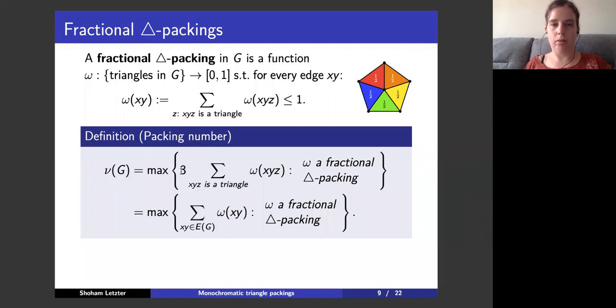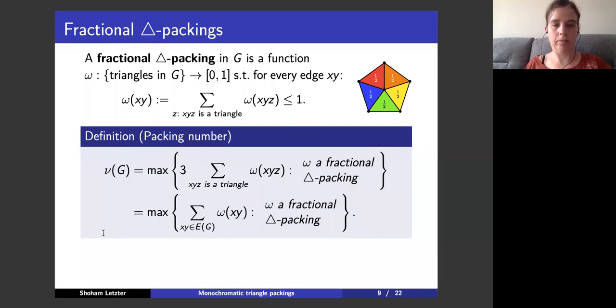And also normally we don't have this extra 3, but for us it's more convenient to think of the weight of the edges that are covered rather than the weights of the triangles. So we prefer this scale where we can think of how many edges are covered, essentially.